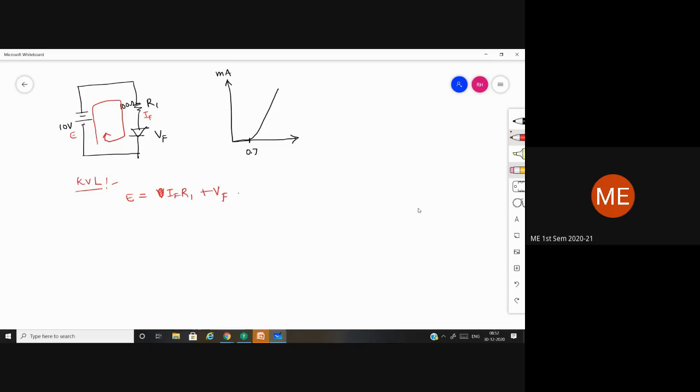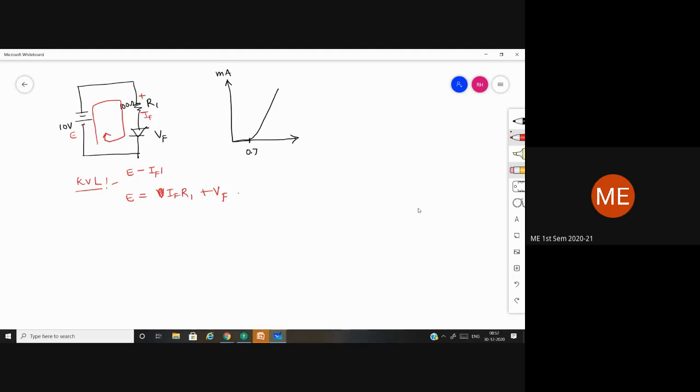Let us understand. Minus, then plus E. After coming back here, what is the polarity I'll assume for the resistance? The entering point is positive and the leaving point is negative. When the current is flowing from plus to minus, what is the sign I'll be using? Minus. And can I write R1 individually? No, you should write it with current.